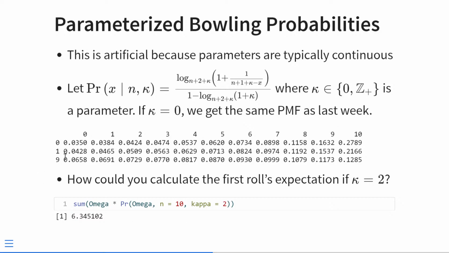The probabilities are going to be somewhere between those for kappa 1 and kappa 9, whatever they are. They add up to 1 and they're non-negative, so they're totally admissible. So now we get an expectation for the first roll, given that kappa is 2, of 6.35-ish, less than the 7 point something that we had when kappa was 0.